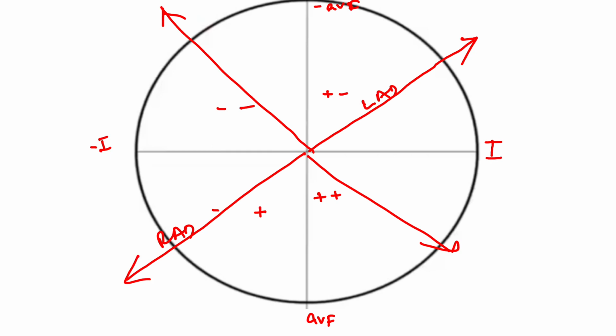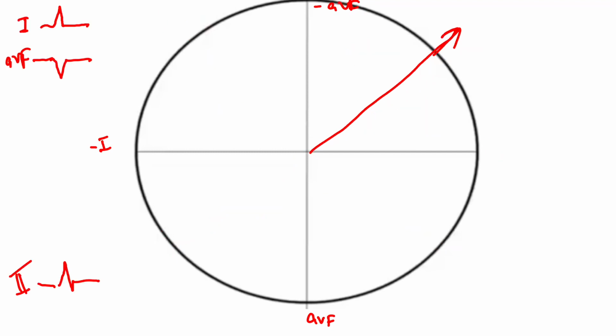Now this left axis deviation is usually categorized into two: physiological left axis deviation and pathological left axis deviation.